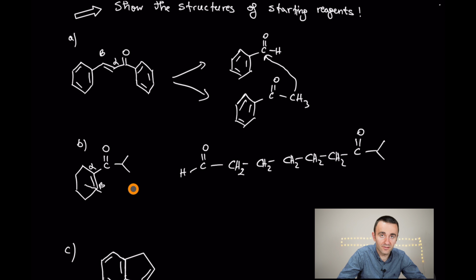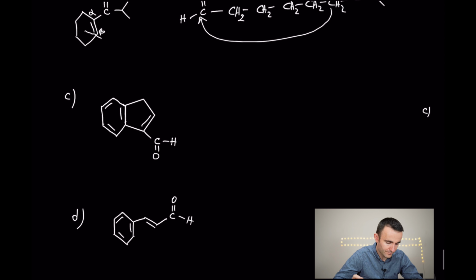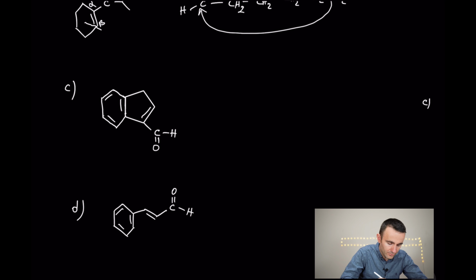Looks like it's an intramolecular aldol condensation, in the sense that this here has attacked this carbonyl group here, right? Let's move further. So here, again, you have to check alpha, beta, with this carbonyl group as a reference. What would have been the starting material?